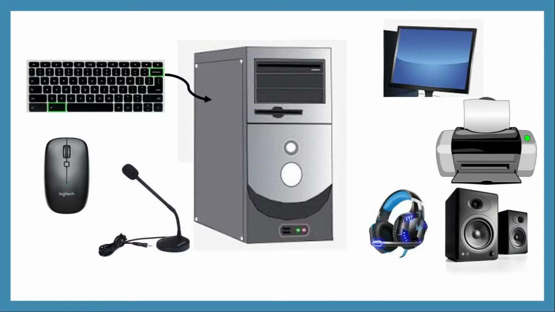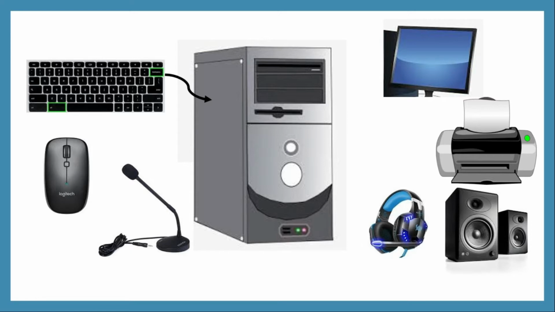When you write anything by the keyboard, it goes directly inside the system unit. After that, it will go out to the screen. That means the keyboard inputs information inside the computer case, the system unit.